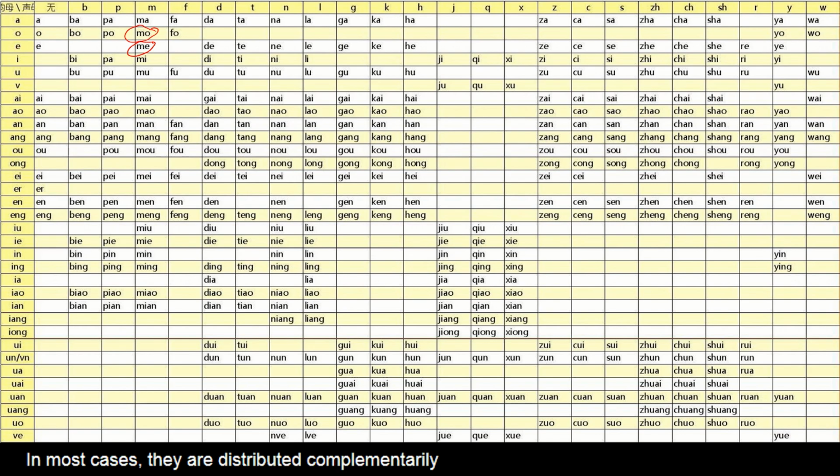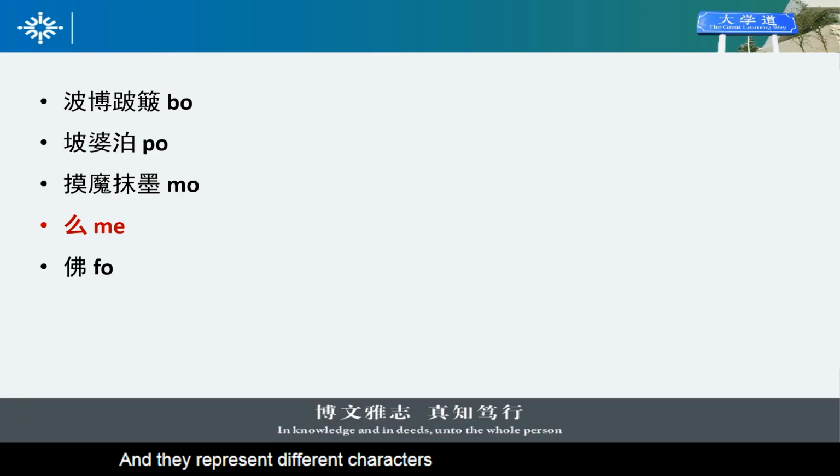Okay, in most cases they are distributed complementarily, but there are exceptions, which is mo and mo, mo and mo. Okay, they are all syllables in the Chinese language, and they represent different characters, different words. For example, look at this page. In bo, po, mo, fo as a parallel, each line is parallel with each other, or they are in a group.